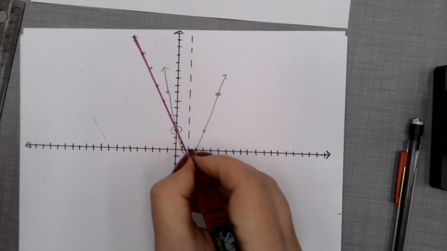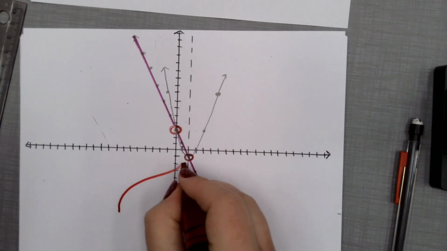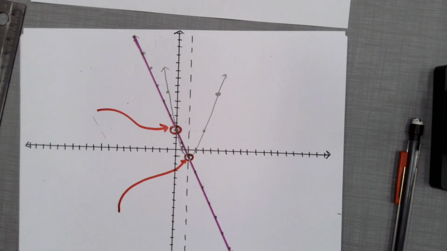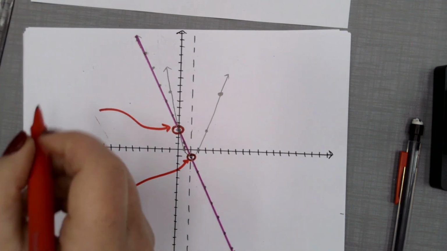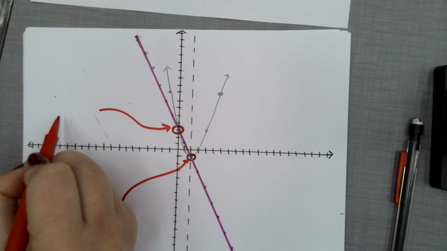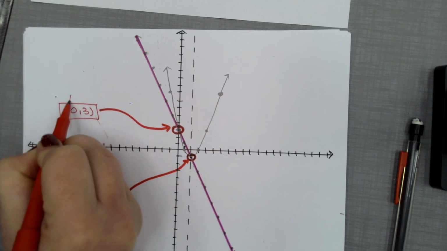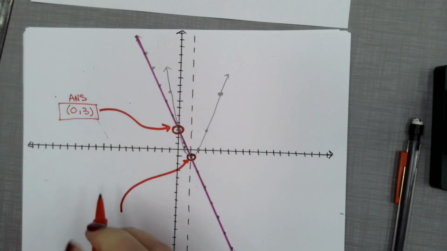So we have 2 points of intersection. And those are going to be our answers. So the first answer we have is (0, 3). Second answer we have is (2, -1).